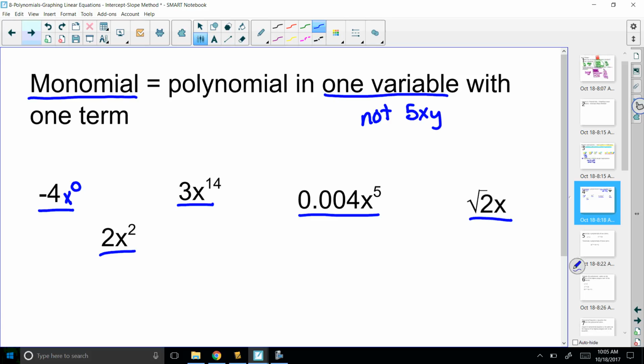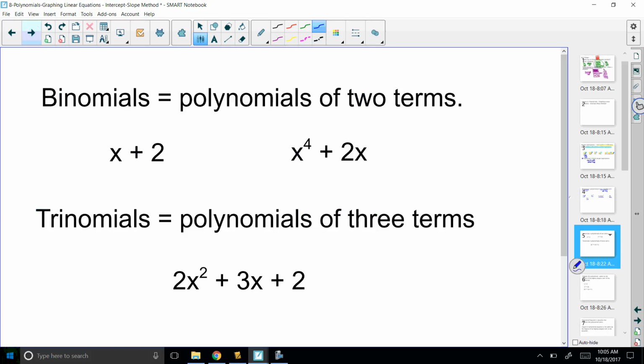Can I change the slide? So we look at the next thing that can happen. What happens if you have 2 terms? Well, it's considered a binomial. We have x plus 2 is an example. I have 2 terms. Binomial. You have x to the 4th plus 2x.